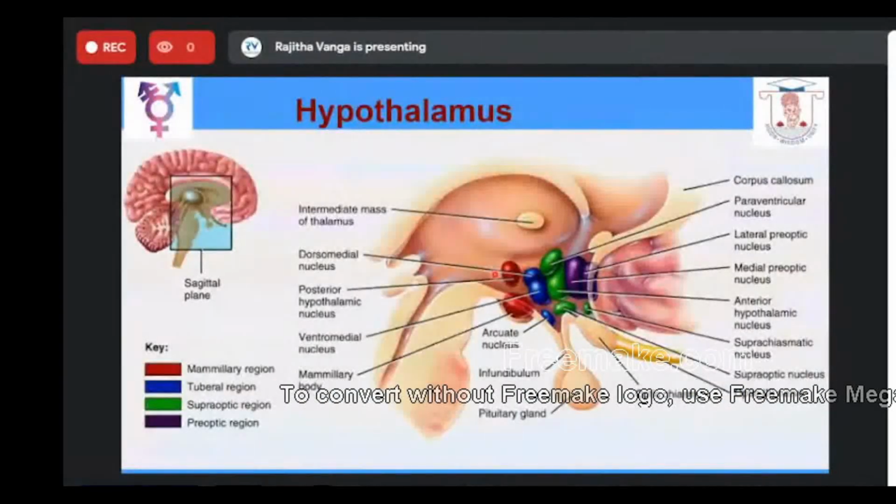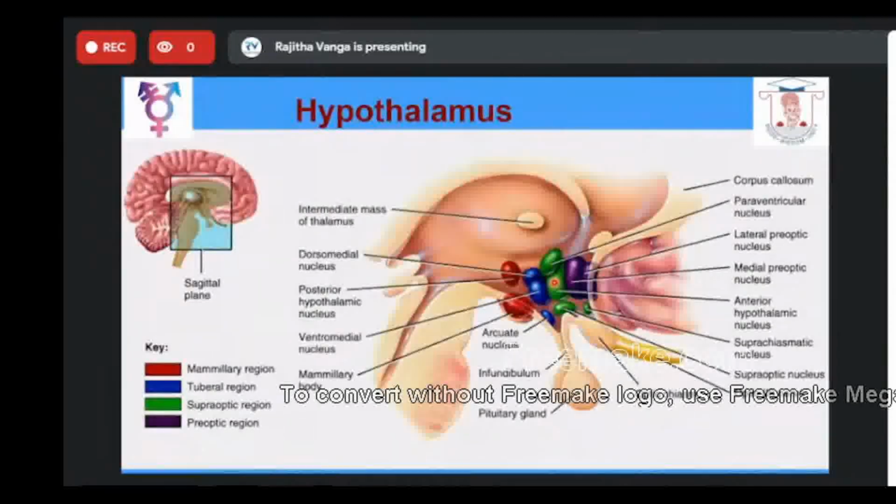Let's see where they are. Here is a mid-sagittal section at the level of the hypothalamus, showing the diencephalon. This is the thalamus, and the colored area here is the hypothalamus. These colored structures are the several nuclei located in the hypothalamus.